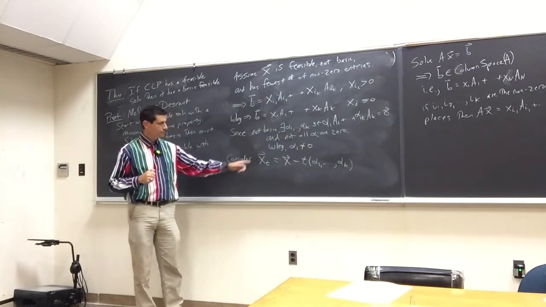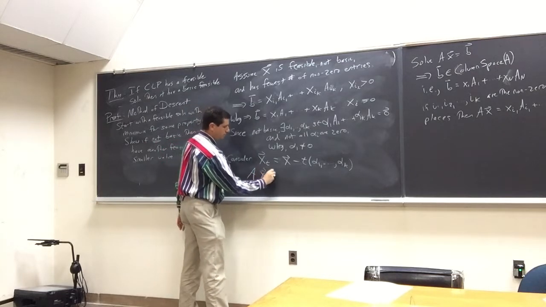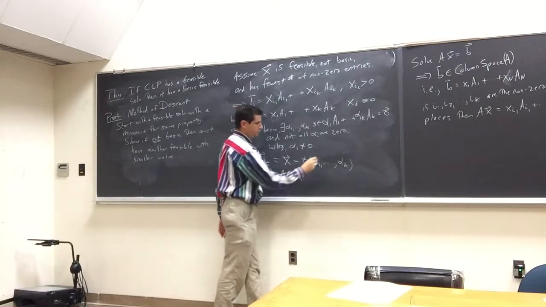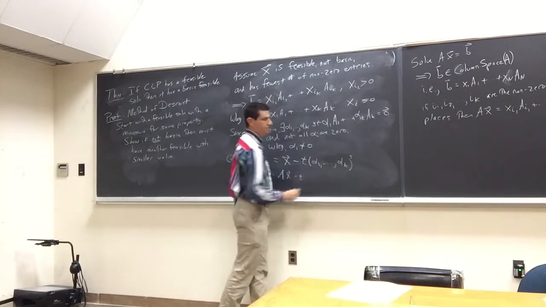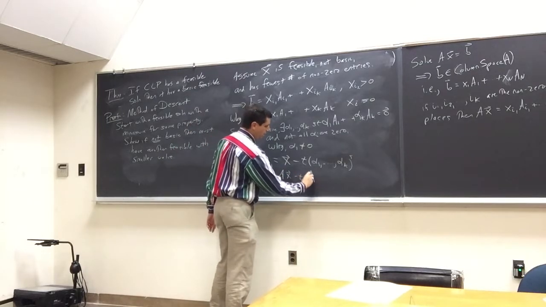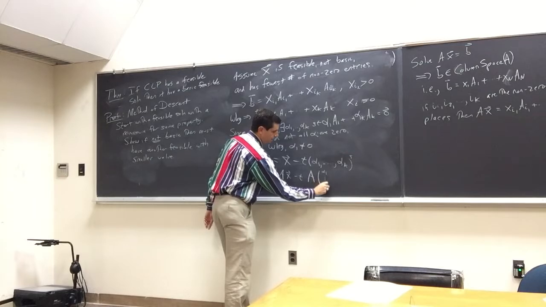And if we apply the matrix A to this, A of x(t) is equal to A of x minus t, oh, I guess this should be a transpose because I'm supposed to be writing this as a column vector. It should be t times A applied to the vector alpha 1 through alpha k.